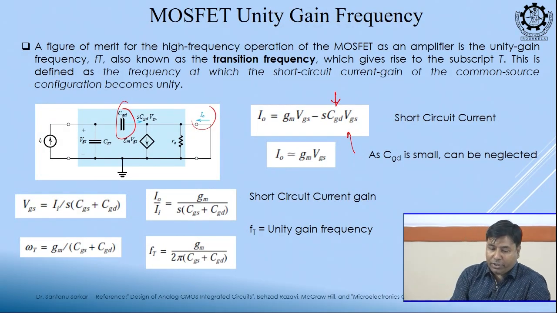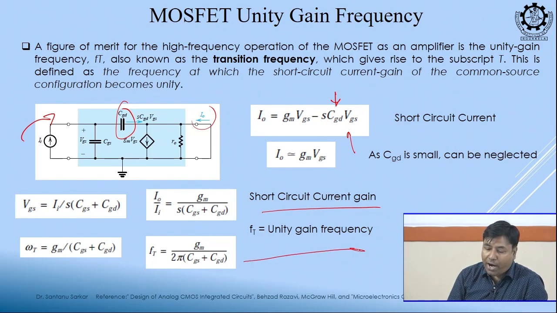If we take the ratio of output current to input current, this is known as the short circuit current gain. So, this is GM by S times CGS plus CGD, where it goes to unity, this is known as the unity gain frequency. So, FT is equal to GM by 2 pi CGS plus CGD.